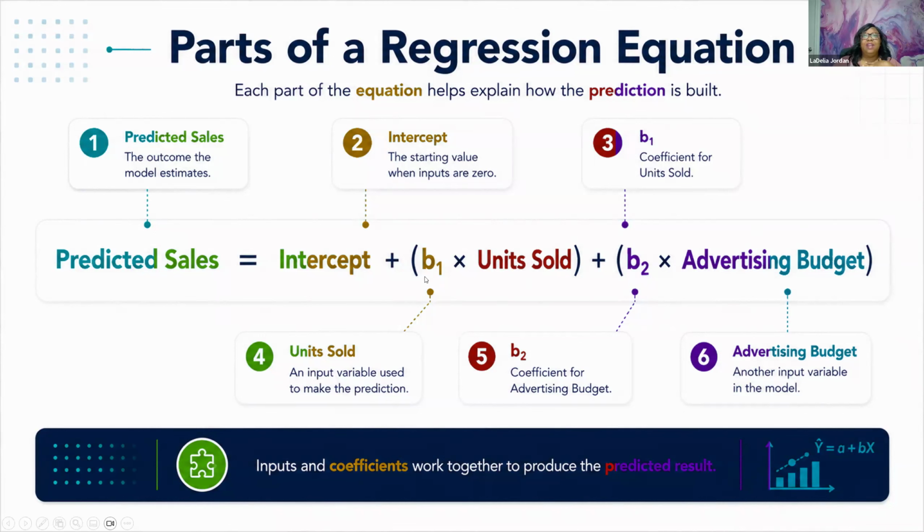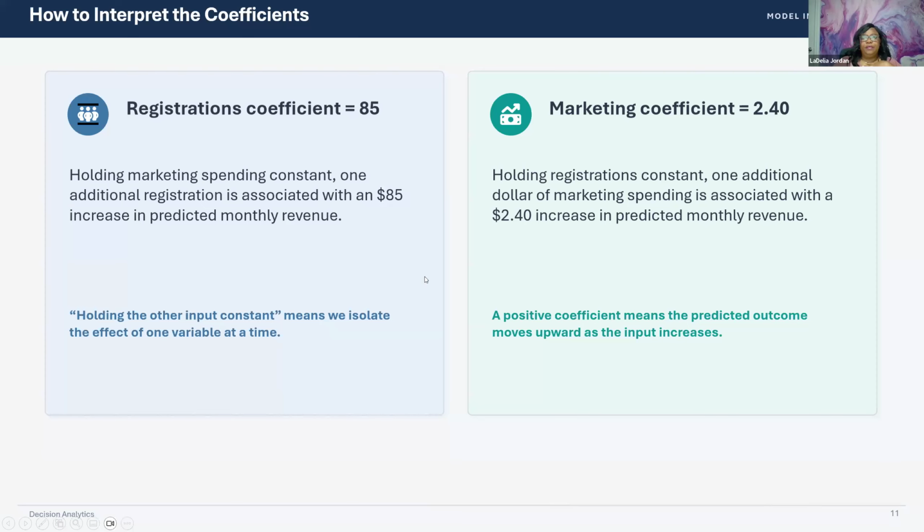I just want you to kind of understand it first. So, the coefficients tell us how each input is related to the predicted outcome. For our example, the registration coefficient is 85. That means one additional registration is associated with an $85 increase in predicted monthly revenue when the marketing spending remains constant.